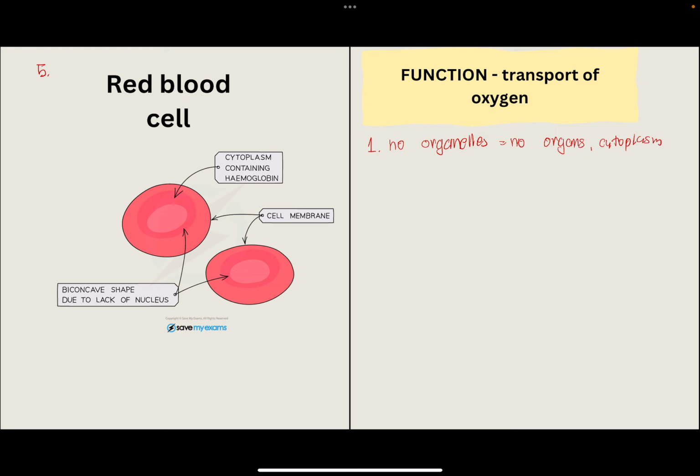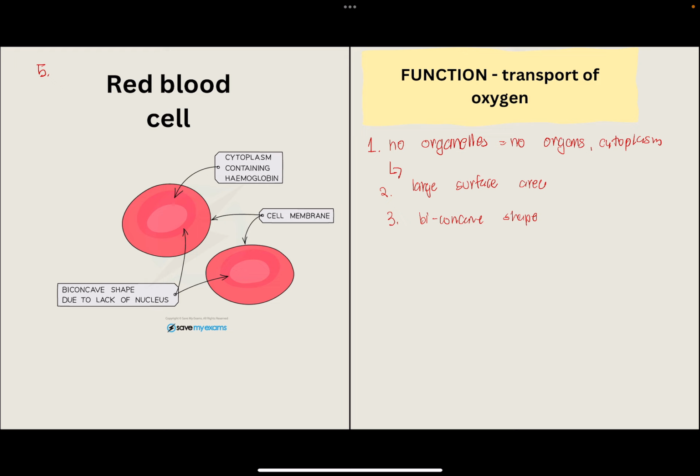Why do you have this? Now this connects to the second point: to have a large surface area. Now the surface area is also large because of what? Because of its biconcave shape. Okay, you got it, right.